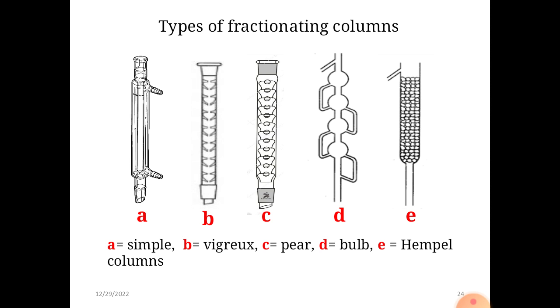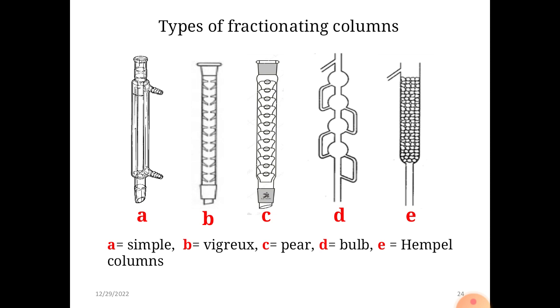We know the simple columns available in our laboratory, then the Vigreux column, pear shaped bulb, and Hempel columns. These different kinds of columns are used. The main intention of using a fractionating column is the separation of mixtures generally.